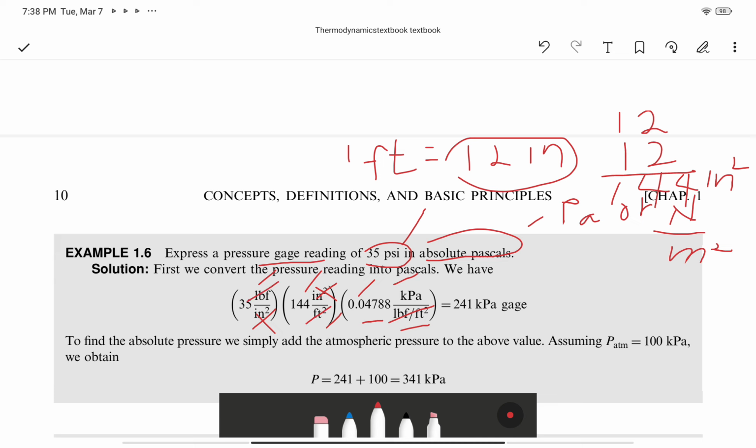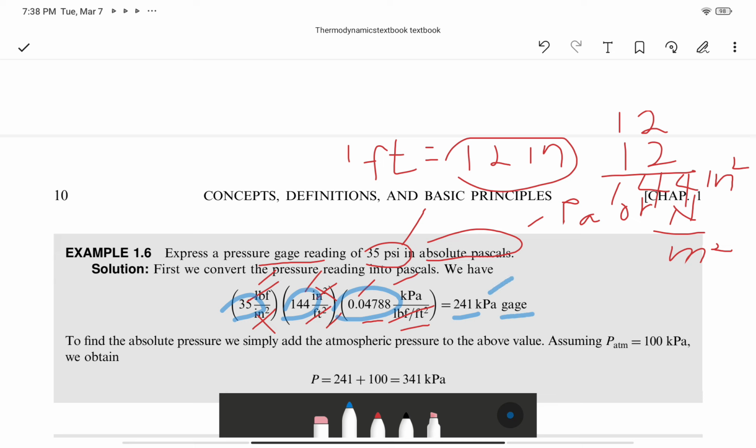Okay, and then perform numerical calculation, means 35 times 144 times 0.04788. That will give you 241, and the unit is kilopascal gauge.